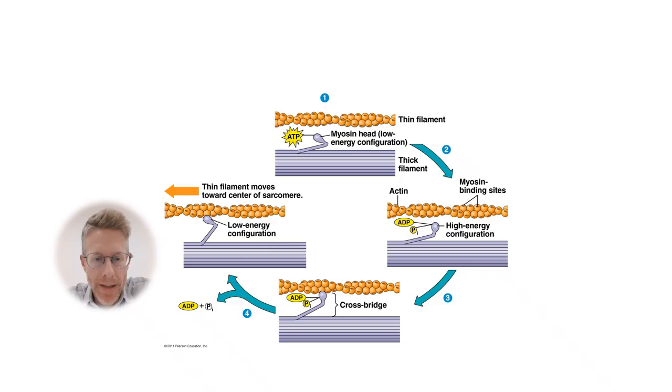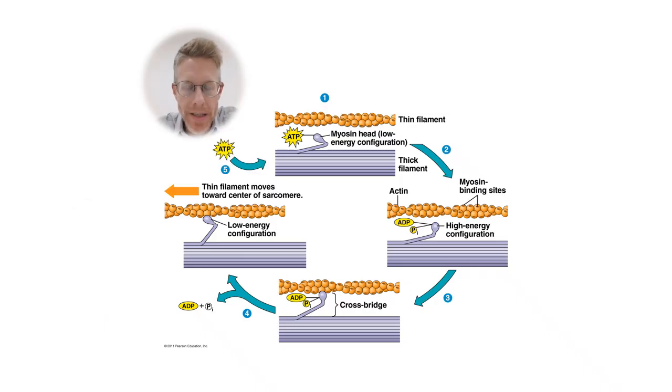Don't worry about that level of detail. You just need to know that the ADP and inorganic phosphate are released at some point, and that causes the myosin head to return to the low energy conformation, which is basically causing it to pull inwards. And that's pulling the actin filament towards the center of the sarcomere, and it's shortening the length of our light bands in our sarcomere.